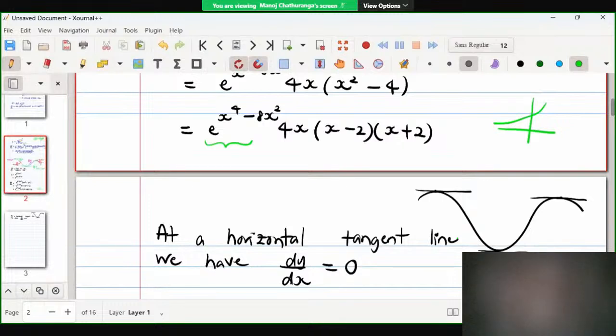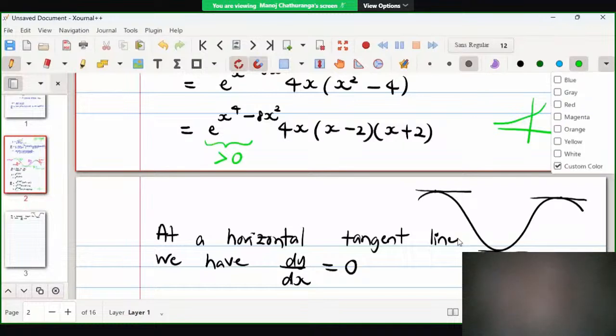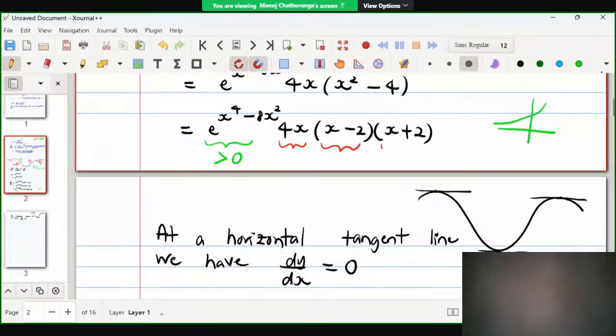So this part is always bigger than zero. It won't give us any zeros, but the other three factors will give us three zeros for the derivative.